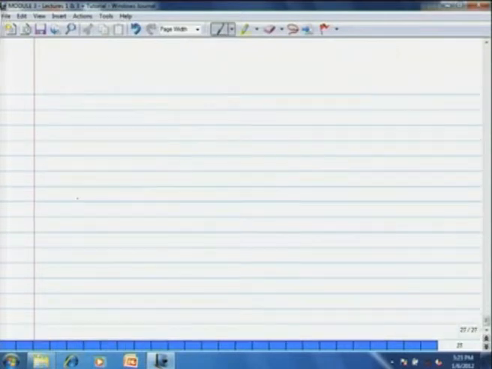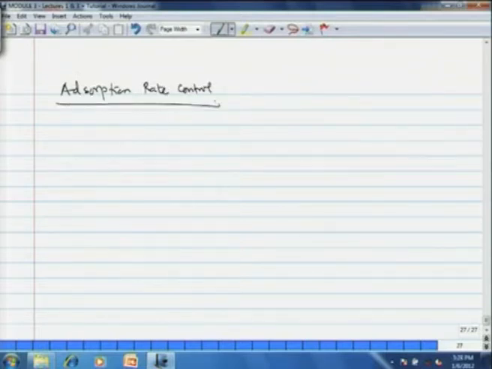Now, let us consider a situation in which the adsorption rate controls. The same two types of reactions.